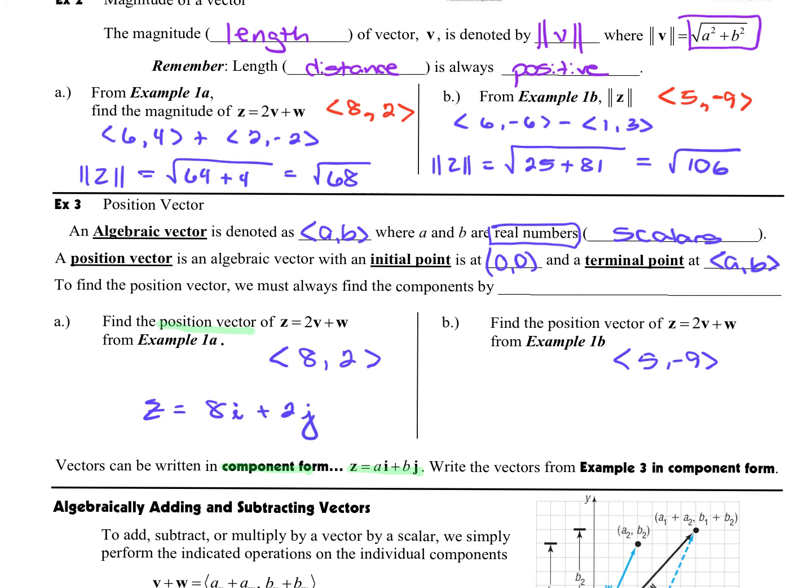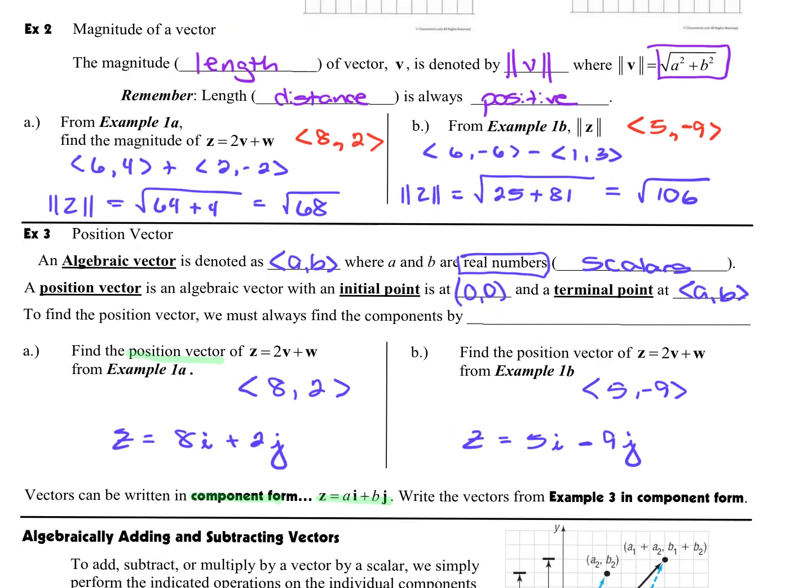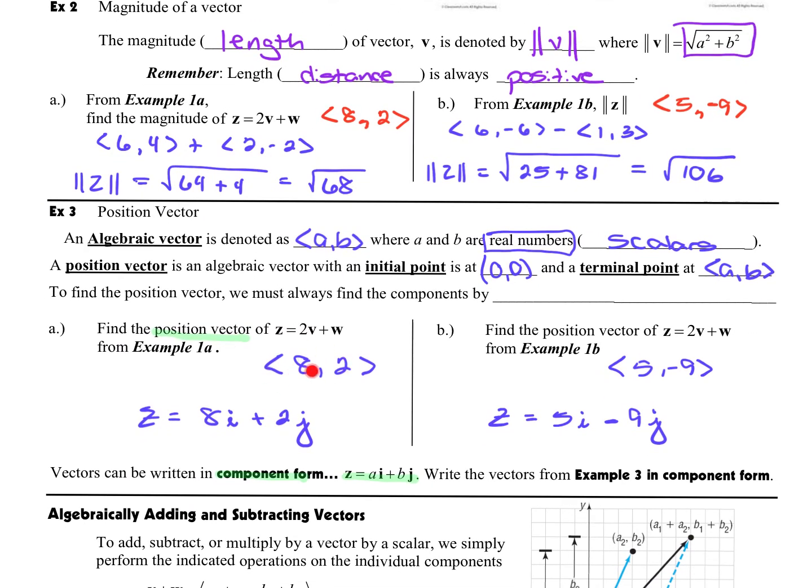So now we're just going to have an I coefficient, or a coefficient on the I component and a coefficient on the J component. We can do the same thing over here. We can write this in its component form, and its component form would be 5I, and now it's going to be a minus 9J. Okay, so those would be our component forms. And you do need to be comfortable with the component form and with this algebraic form. So be comfortable with both of those.